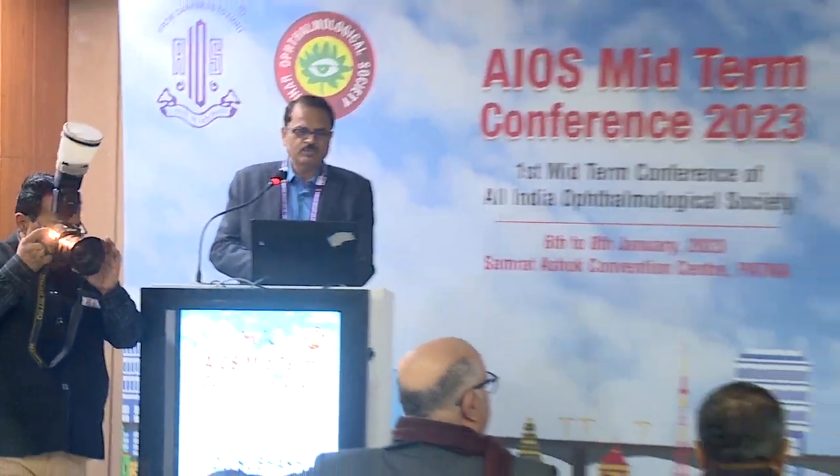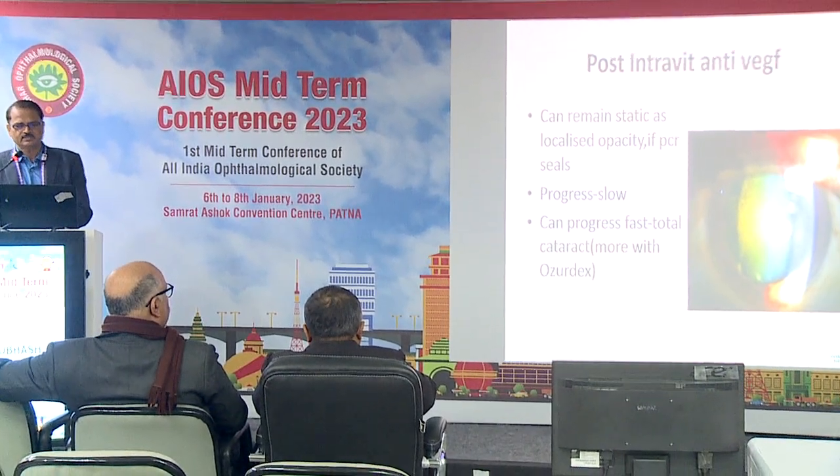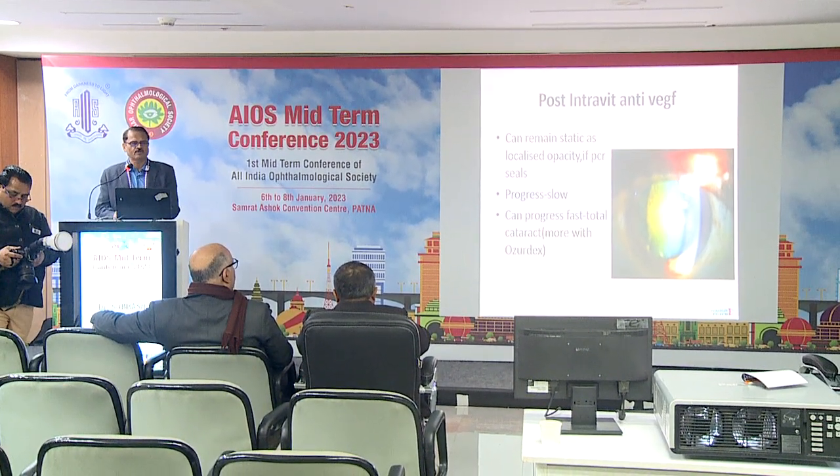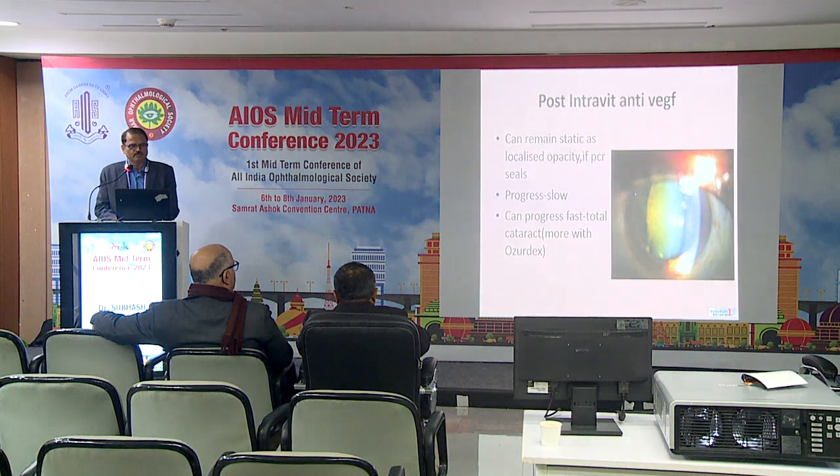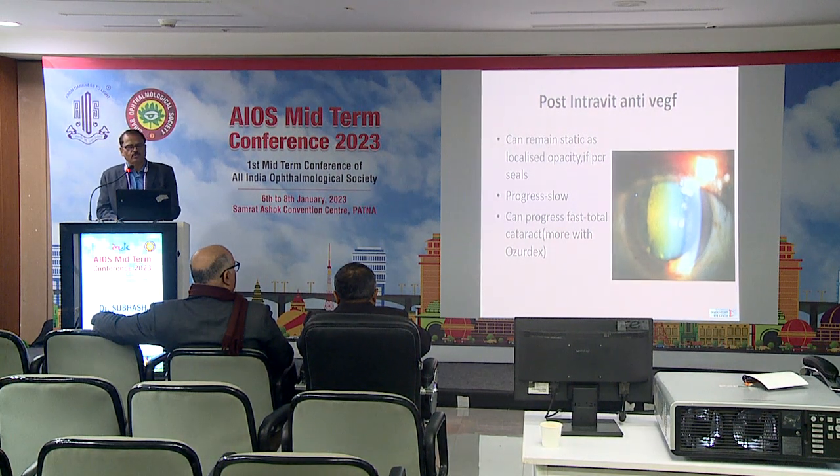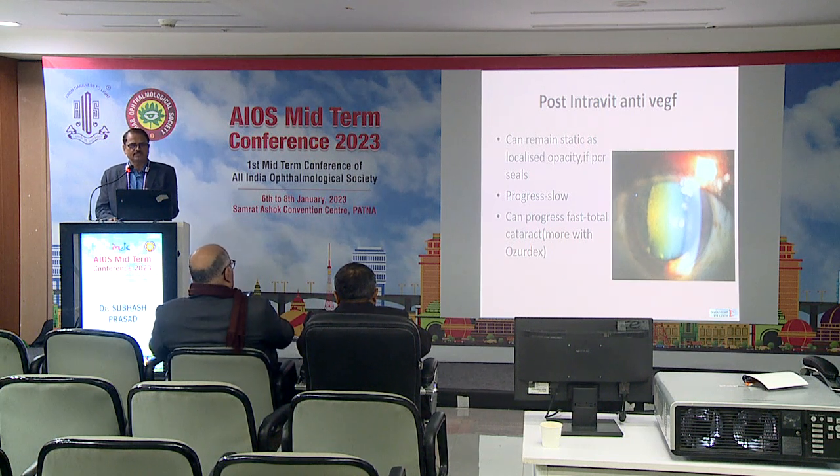Just a few things about post-intravitreal anti-VEGF injection induced traumatic cataract. Nowadays anti-VEGF injections have become very common, and even those who were not giving any intravitreal antibiotic for endophthalmitis are also jumping into giving anti-VEGF injections. So there are chances that they can injure the posterior capsule, because they may not be well trained for that.